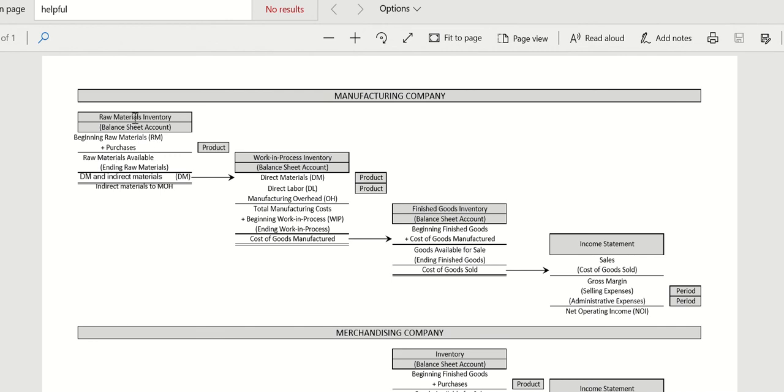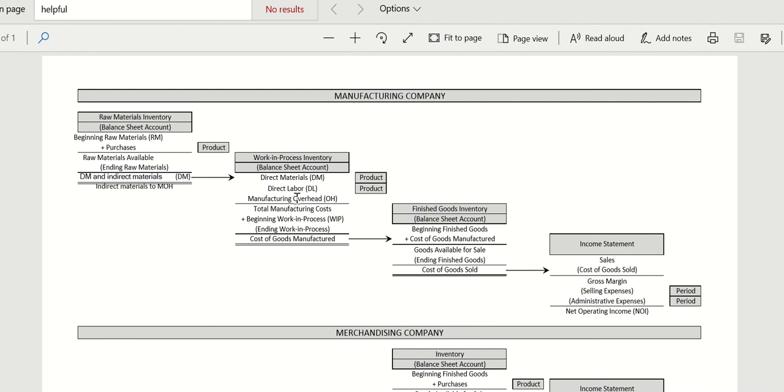This formula just helps you. First we have nothing, we buy, or first we have a balance, we buy more. This is everything possible that we could use. We'll transfer some out, and if we subtract the leftover, we would know how much we transferred out into work in process. In your work in process T account, you would have direct materials, direct labor, and overhead.